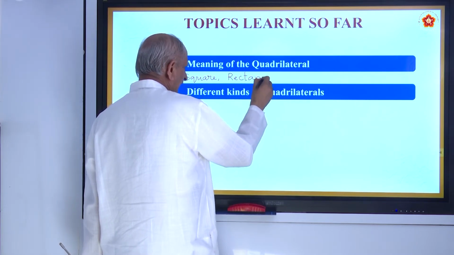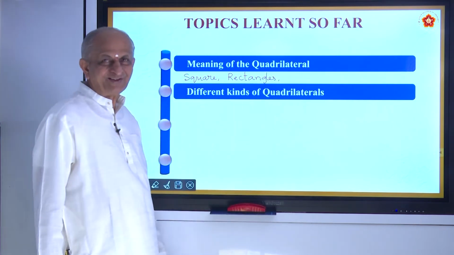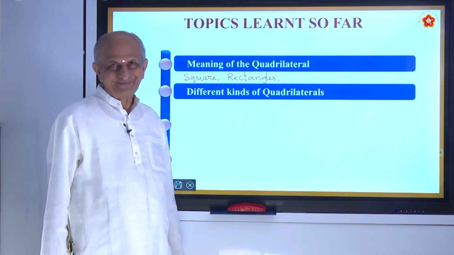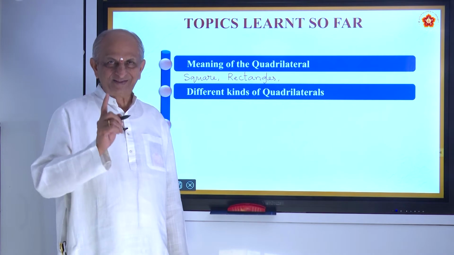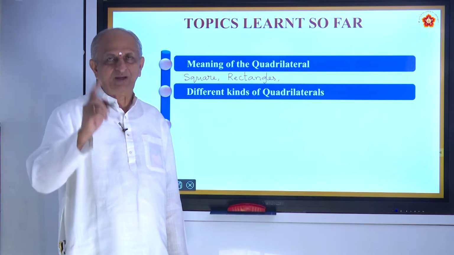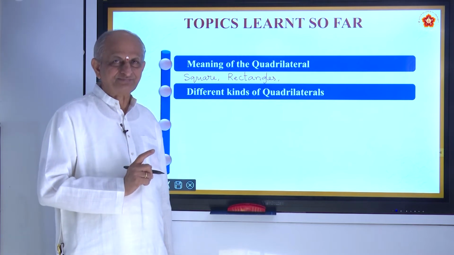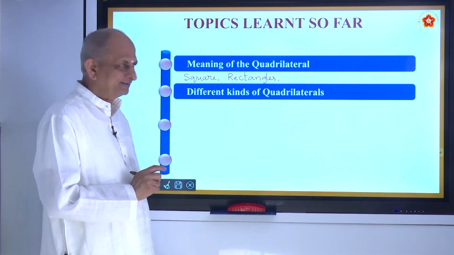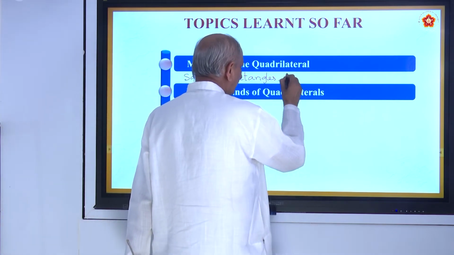Another one is the rectangle. So all squares are rectangles, but all rectangles are not squares. Are you following? Because in a rectangle only opposite sides are equal, whereas in a square all the sides are equal. And you have also heard about the parallelogram.